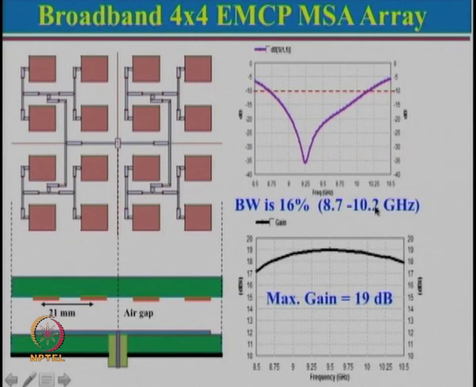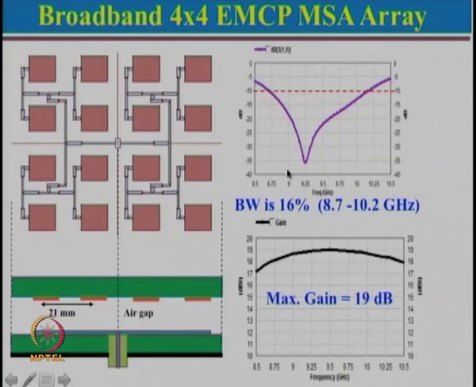Now I will tell you, this particular antenna array we had designed for a very specific application, and that application required the center frequency to be 9.25. You can see that a very good match has been obtained at 9.25. In fact, our requirement for this particular project was only from 9 to 9.5, which is about 500 megahertz.